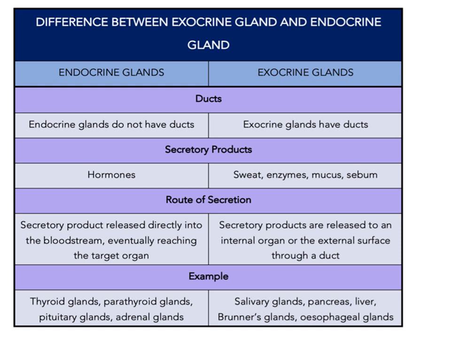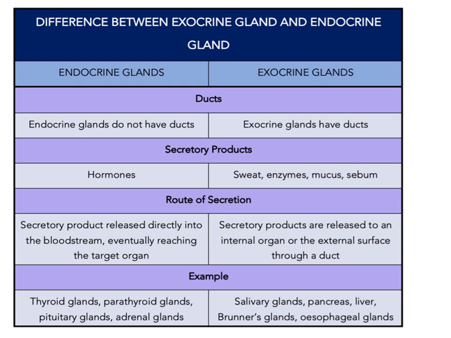In the case of endocrine glands, the secretory product is released directly into the bloodstream, eventually reaching the target organ. Since there is no duct here, the secretion is not taken through a duct. It is directly released into the bloodstream, the blood circulation, and from that it will be taken to the target organ where it has to reach.